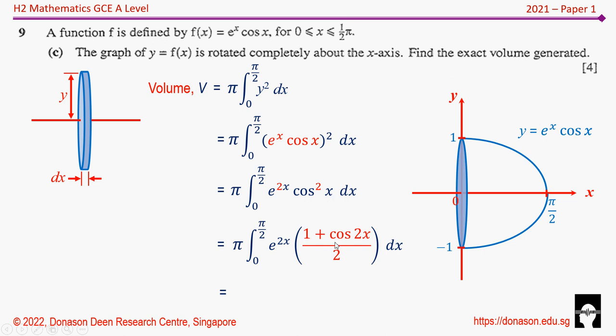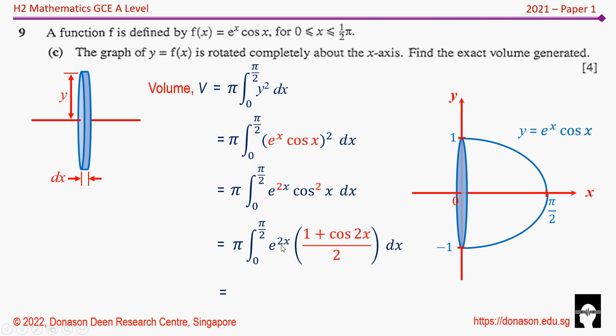You should remember, cosine 2x equals 2 cos squared x minus 1, and that is what I am using. If you manipulate it, cos squared x in terms of cosine 2x is this, and this is what you should get. So replace the cos squared x with (1 plus cosine 2x) over 2.